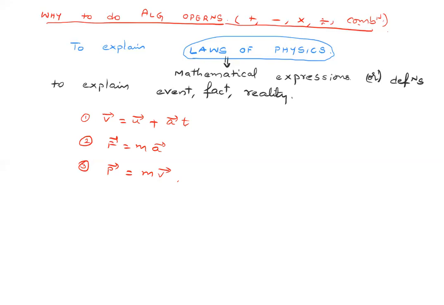Those laws will contain scalars, vectors, and tensors. Here time is a scalar quantity, acceleration is a vector quantity, and acceleration into time will give you something. These quantities are defined to explain laws of physics.